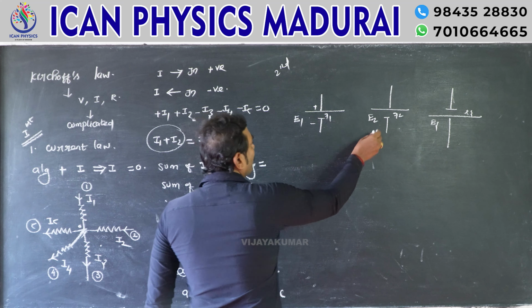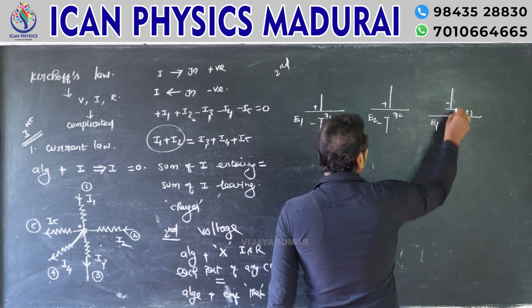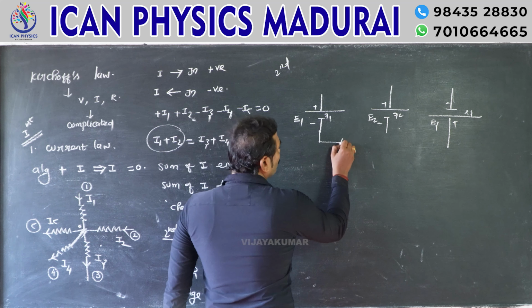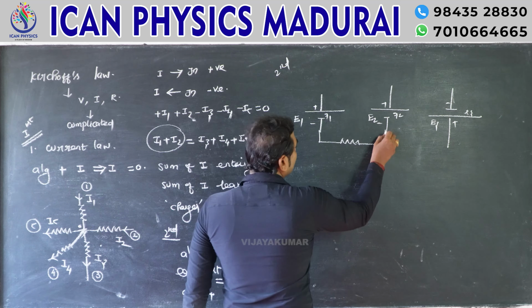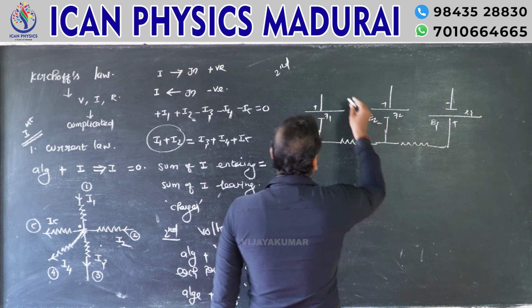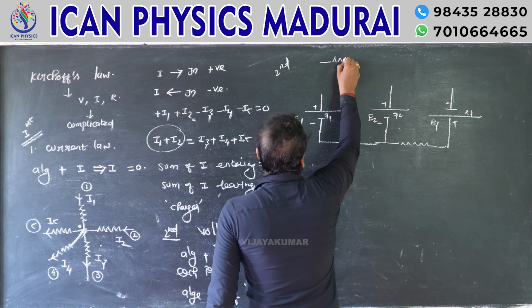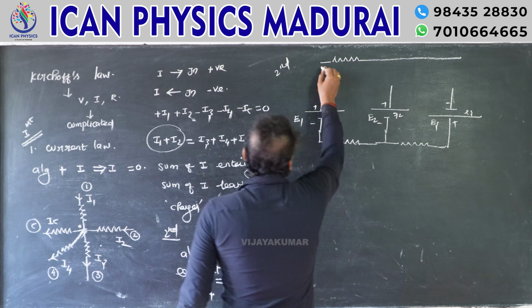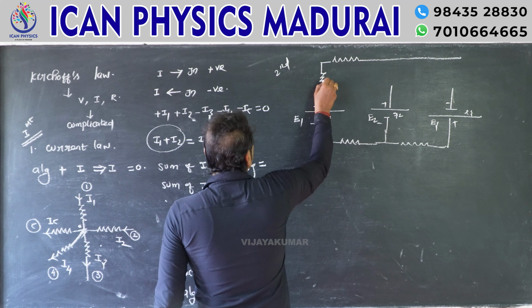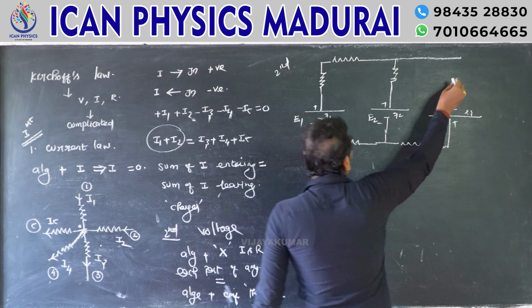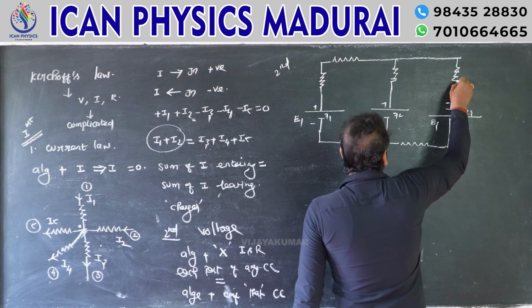The polarities are plus, minus, plus, minus, minus, plus. Between the two, a resistor is connected. At the top, you have one resistor. Then three resistors are connected in between. So we have a special circuit.